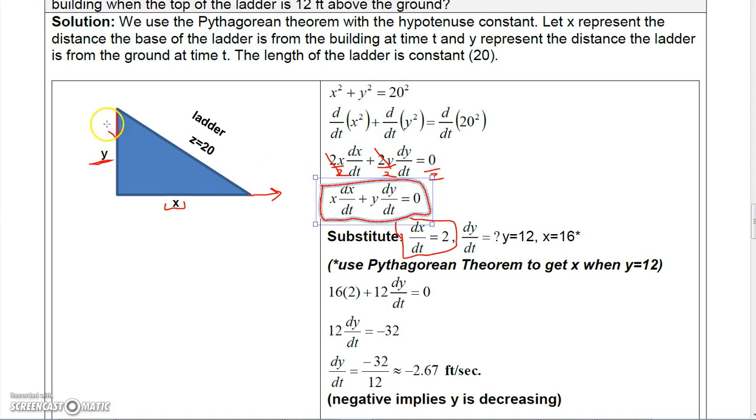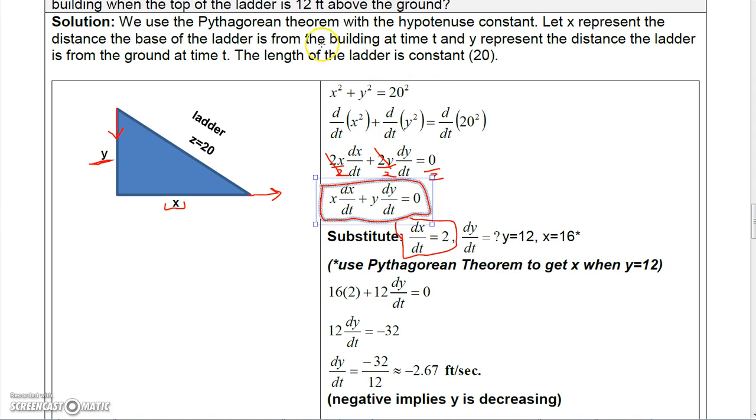Now on the flip side of that, when you talk about the rate that y is changing, the change in y with respect to time should be negative because y is actually getting smaller. y is going to be decreasing. So just keep that in mind. Okay, so we know that dx over dt is 2. That's the rate the x is changing. We don't know the rate y is changing.